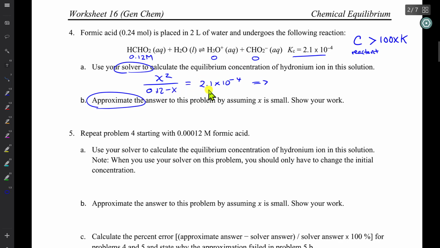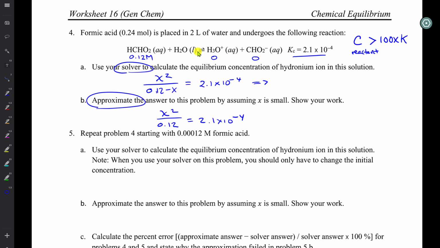And if K is really small, then generally speaking, X will be small relative to the concentration. And then what we can write is this, X squared over 0.12 is equal to 2.1 times 10 to the minus 4. And now you can solve that for X just by rearrangement and then taking the square root.